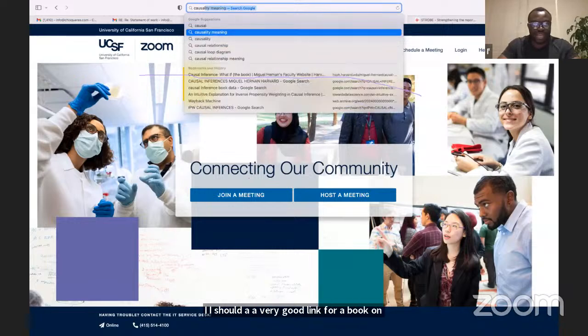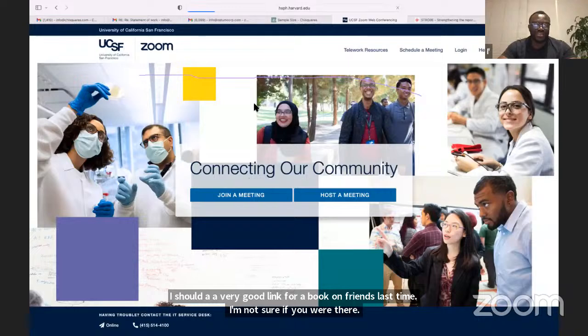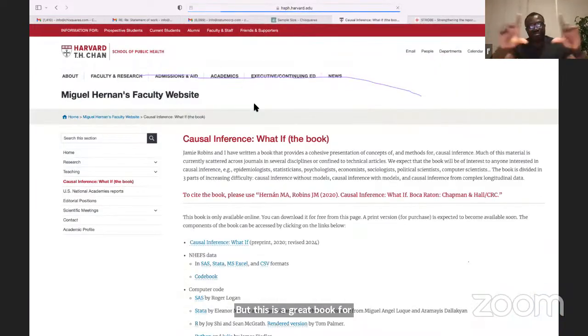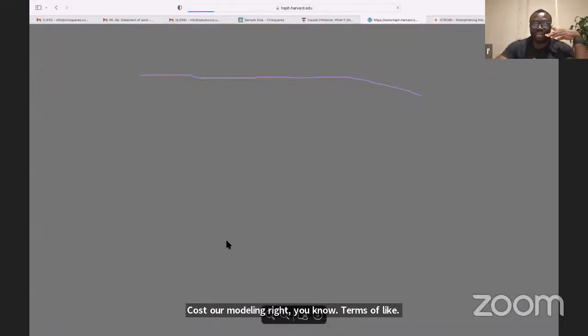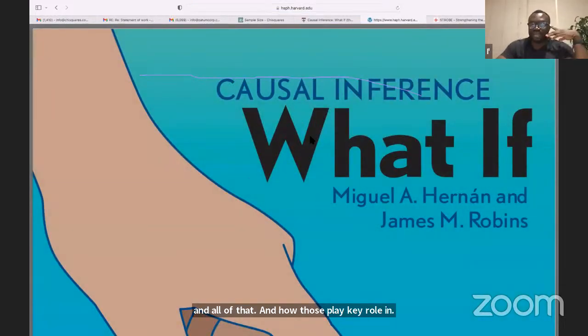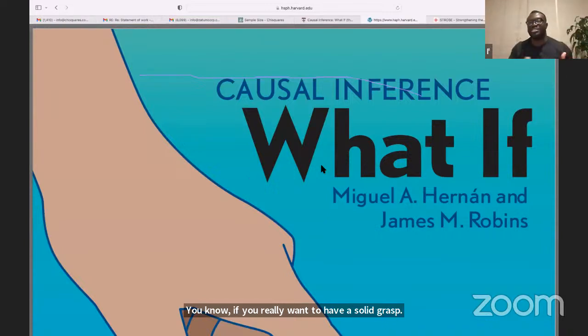I'm not sure if you were there. But this is a great book for reading in general in terms of understanding causal modeling, right? In terms of confounders and all of that, and how those play a key role in model building. So I'm sure there's simpler texts, but if you really want to have a solid grasp of what measurement is all about, like what are we even trying to achieve when we measure associations or relationships, right?